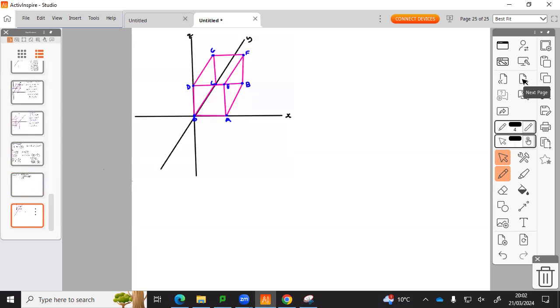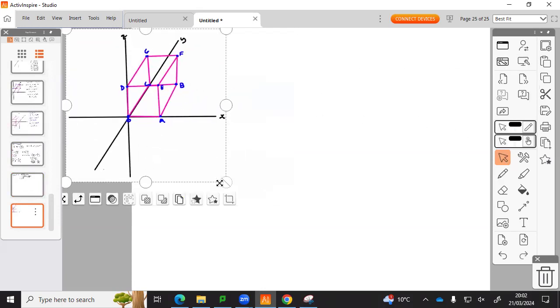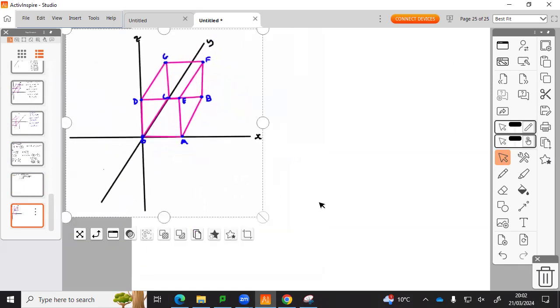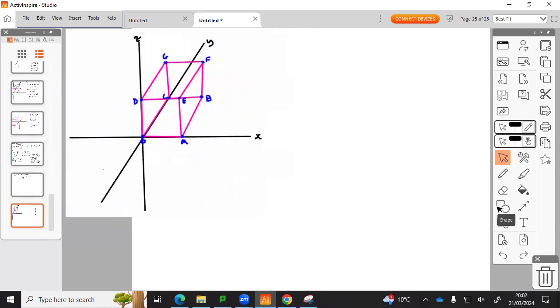So if I put that into an image such as that, okay, and I've got my 3D coordinates.